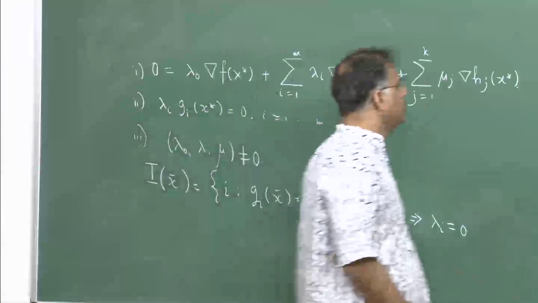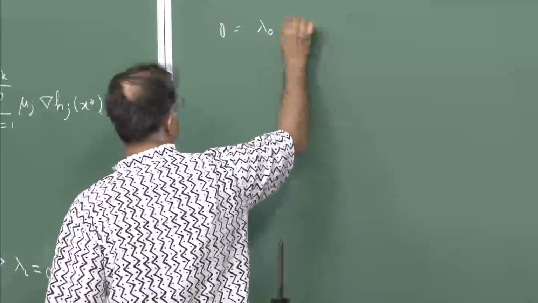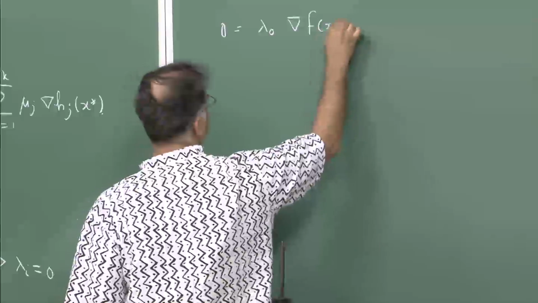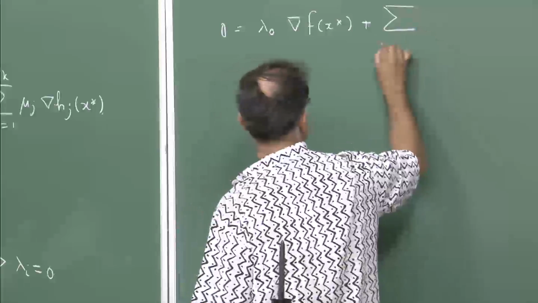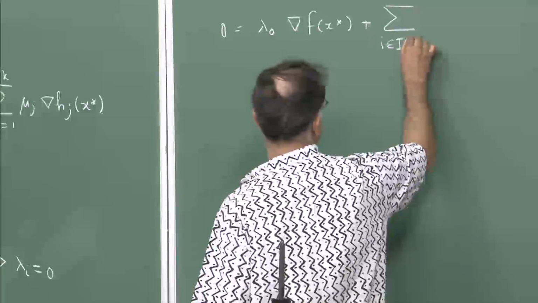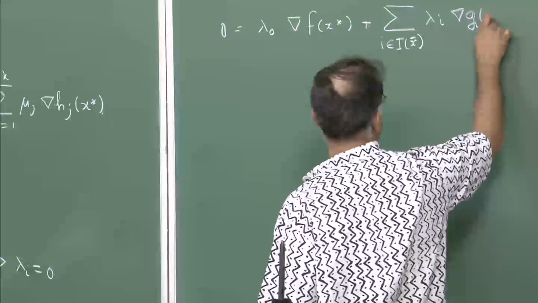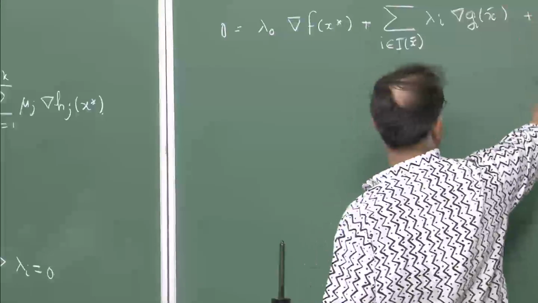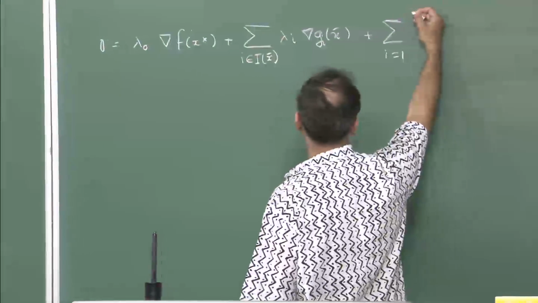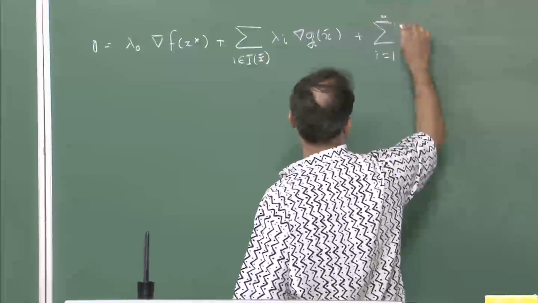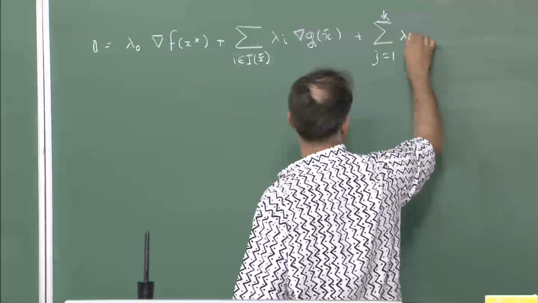So, I can rewrite this upper part in a slightly simpler way, replacing the whole summation with the sum over i belonging to I x bar, and the sum over j equal to 1 to k of mu j.